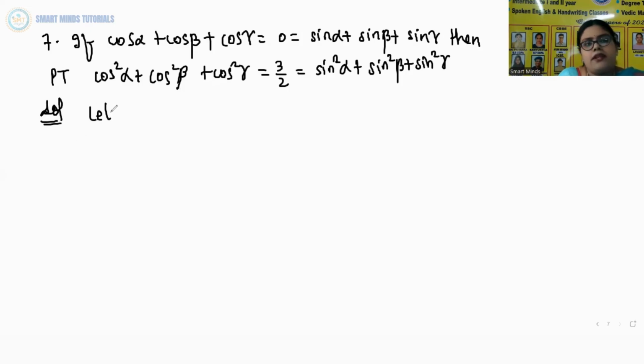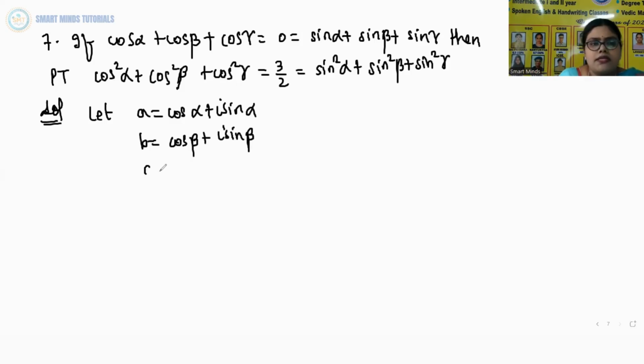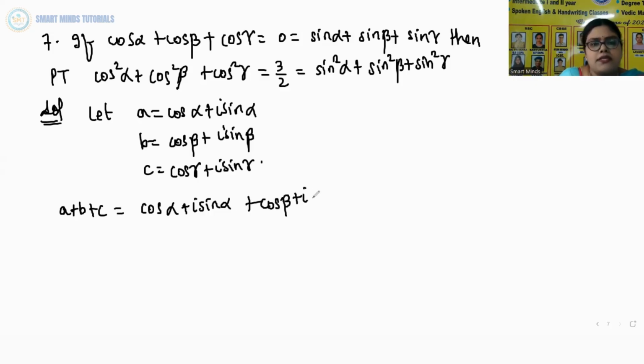The same way, let us take A is equal to cos alpha plus i sin alpha, B is equal to cos beta plus i sin beta, C is equal to cos gamma plus i sin gamma. So now let us find A plus B plus C, that is cos alpha plus i sin alpha plus cos beta plus i sin beta plus cos gamma plus i sin gamma.